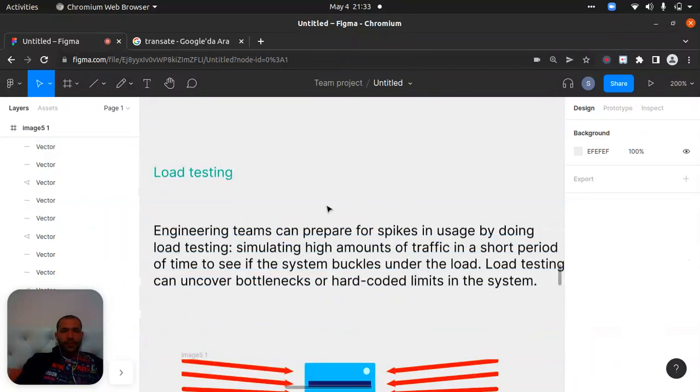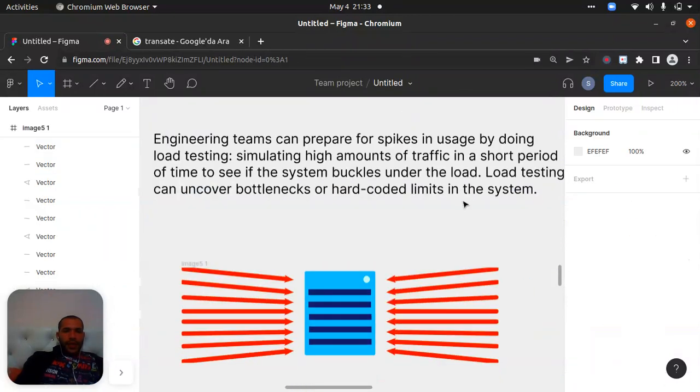Load testing. Yes, engineering teams can prepare for spikes in usage, also spikes in neurons or in synapses. It is like consciousness, something like that. Anyway, let's speak later about it. Load testing: simulating high amounts of traffic in a short period of time to see if the system buckles under the load.